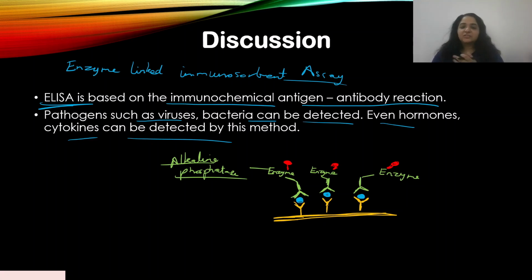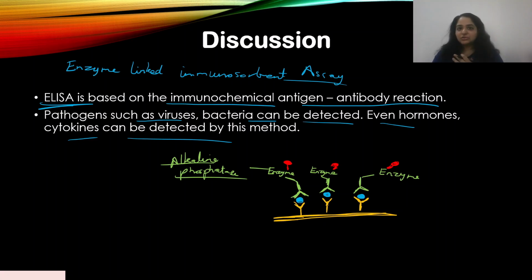Now this ELISA is usually used in labs for detecting, like I said, viruses, bacteria, and the amount of hormones in a particular sample. If a blood sample is given to you, let's say, and you want to detect the amount of estrogen or progesterone or testosterone in that sample, you don't usually use blood directly. What you do is you extract the serum from it.